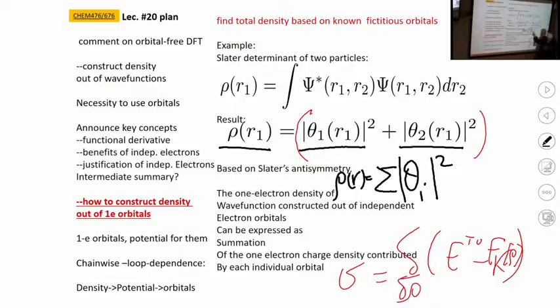So as soon as you find orbitals, you add together orbital squared, i goes from 1 to number of electrons, all occupied orbitals, of R, and it will be a total density.